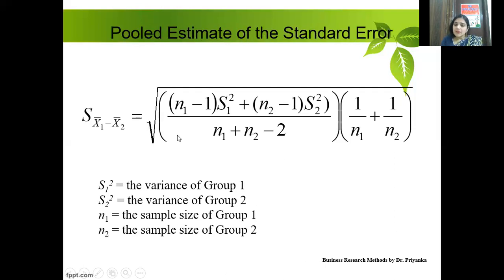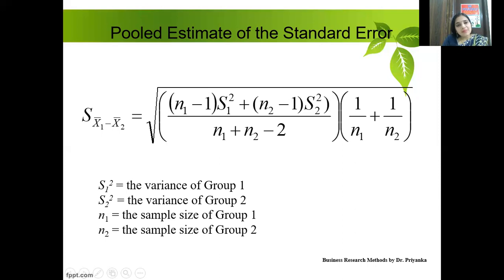It is calculated as the whole square root of n1 minus 1, where n1 is the sample size for group 1, times S1 square, the variance of group 1, plus n2 minus 1 times S2 square, where n2 is the sample size of group 2 and S2 square is the variance for group 2, divided by n1 plus n2 minus 2, and that would be multiplied by 1 divided by n1 plus 1 divided by n2.